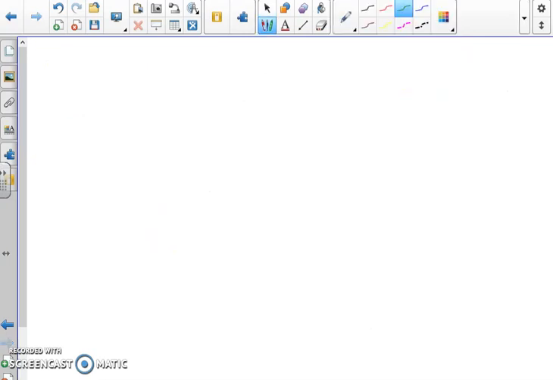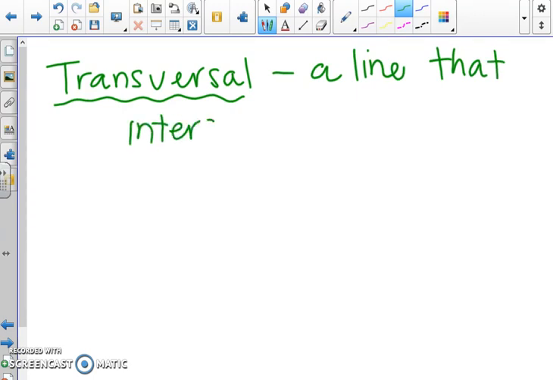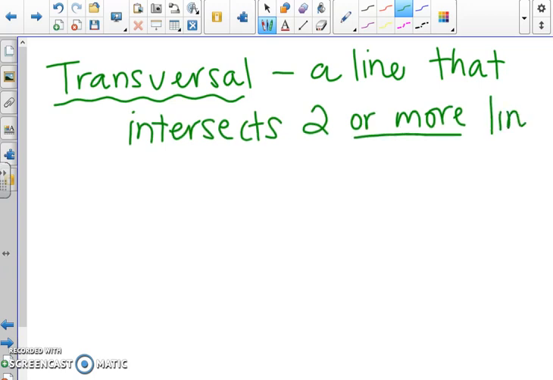All right, so this unit is all about lines, so we're going to be talking about transversals. So there's our next word, transversal. A transversal is a line that intersects two or more lines.